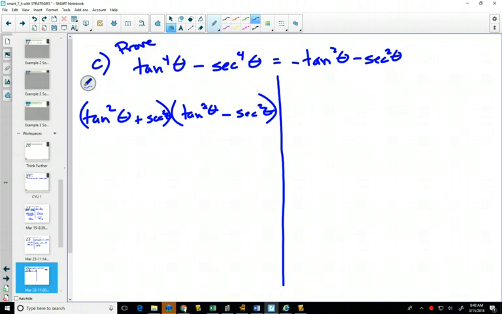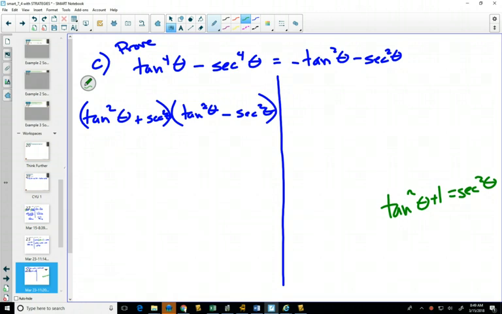And I'm going to look at the formula that has tan squared plus 1 equals secant squared. I'll write it off to the side here in a different color, just so that we can visualize it. Tan squared theta plus 1 equals secant squared theta. And I want you to move things around in that formula, and I want you to look at each of these three sets. Tan squared plus secant squared, tan squared minus secant squared, and negative tan squared minus secant squared.